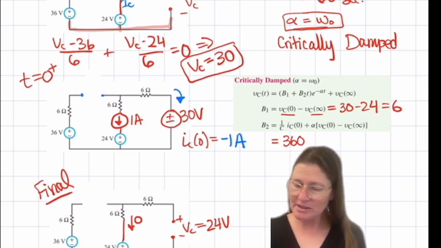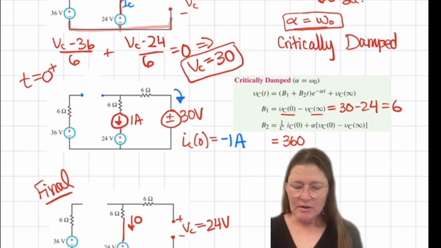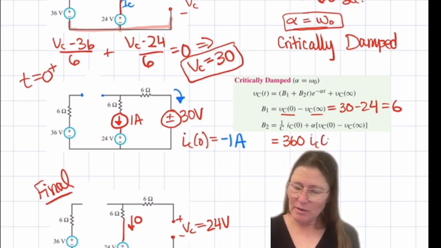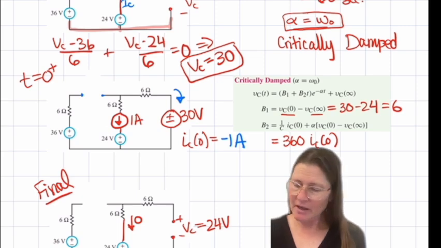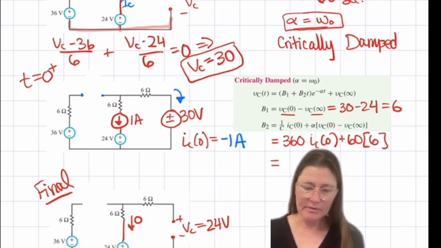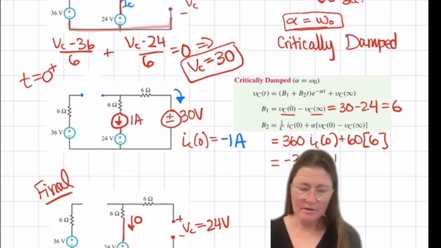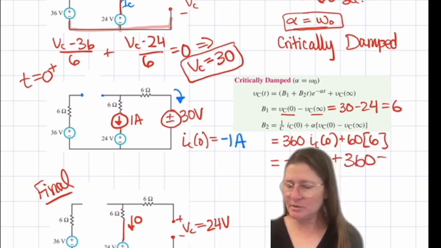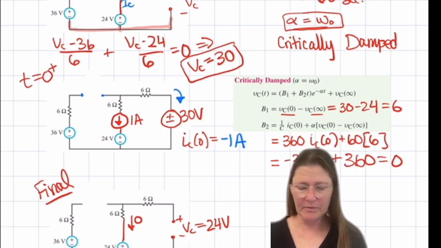So we have 360 times IC of 0, plus the alpha, which was 60, times 30 minus 24, which is 6. So this becomes 360 times minus 1, so minus 360 plus 360 equals 0.